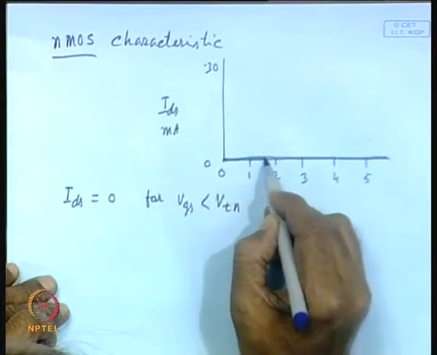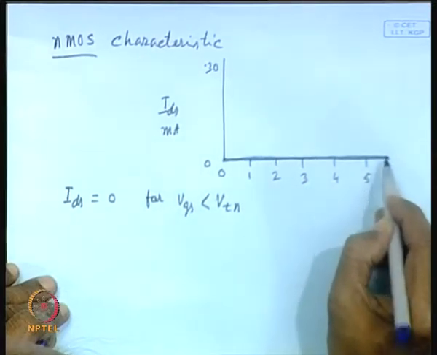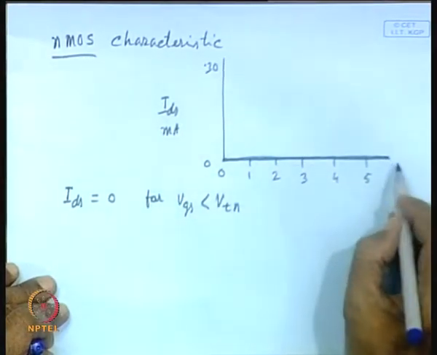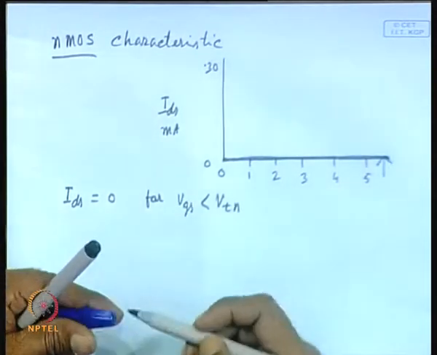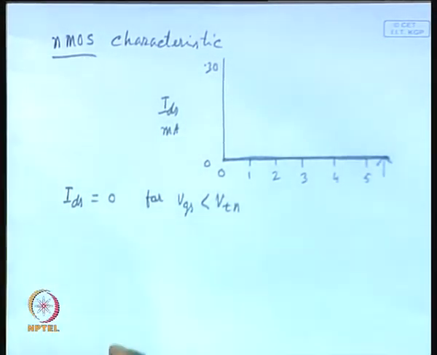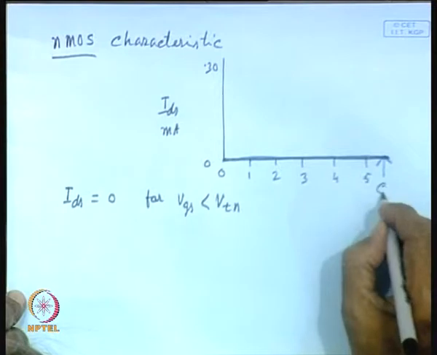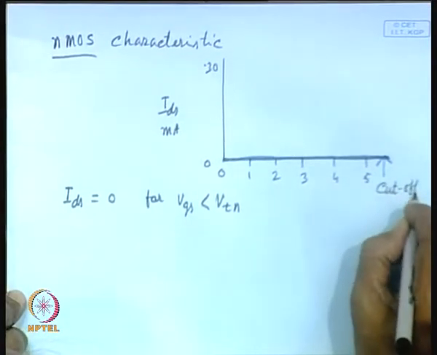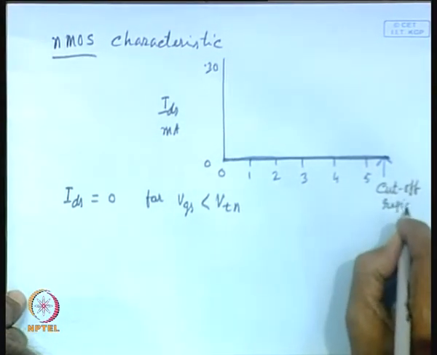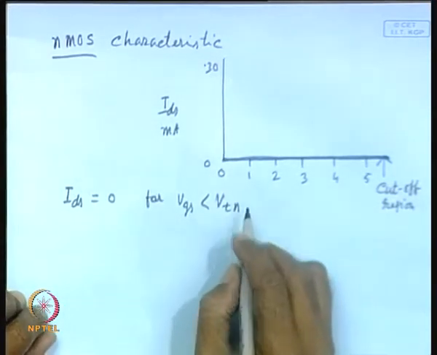That means, irrespective of the drain voltage, current is 0, IDS is 0. So, this represents the cutoff region.